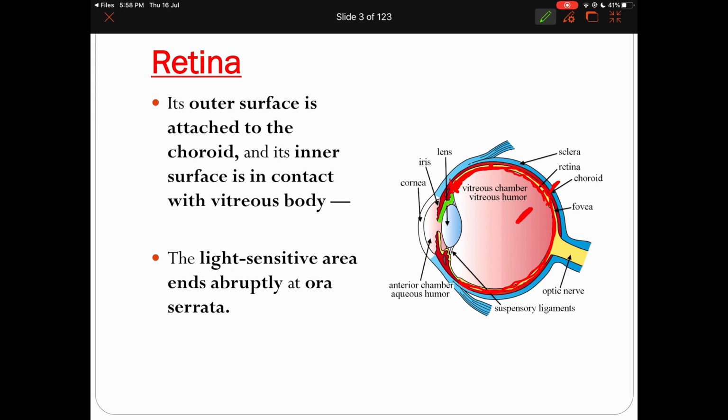Though it is continuous in the ciliary body and iris, and continues the neural part of the retina also, they are non-functional.